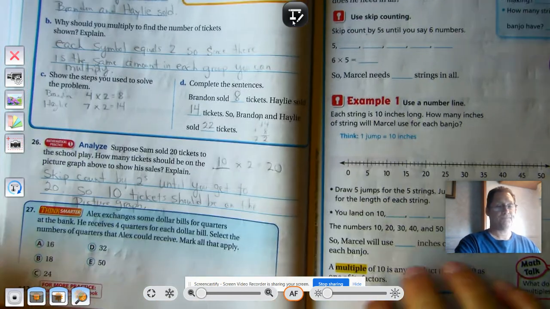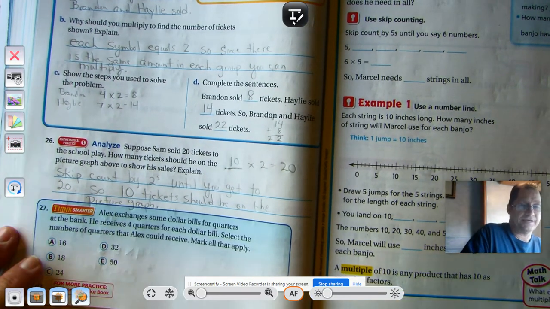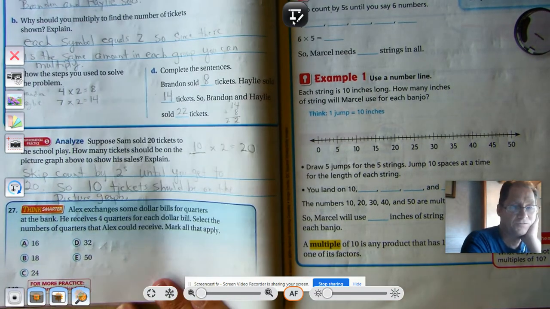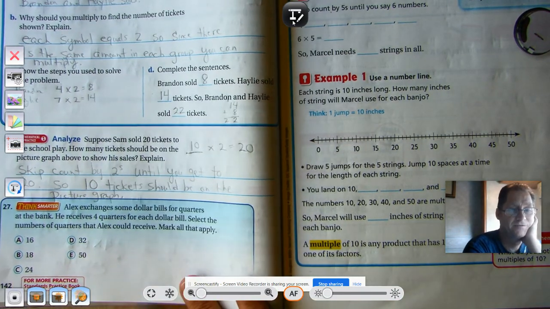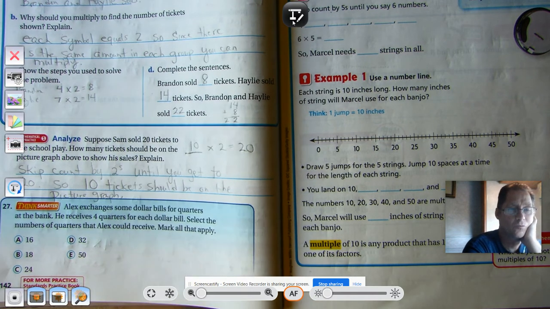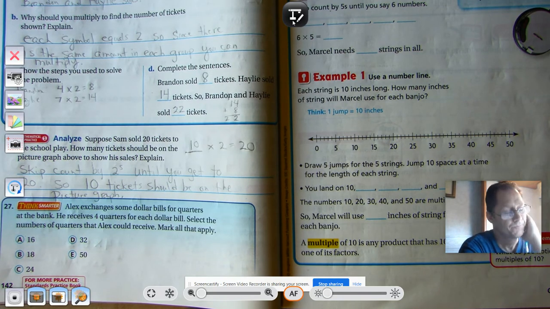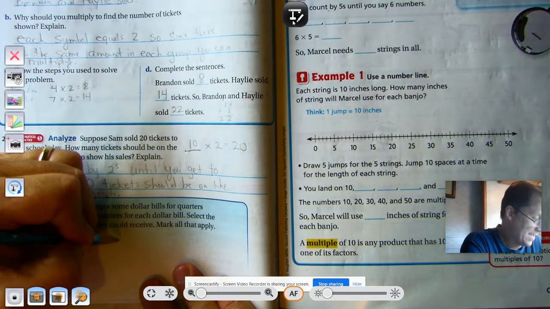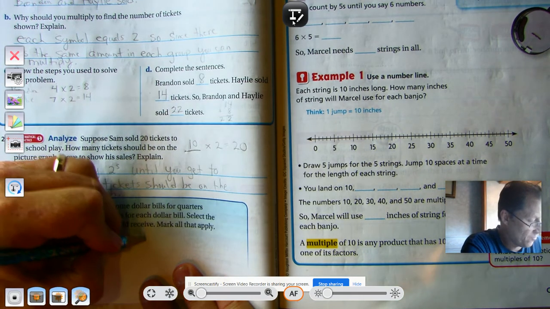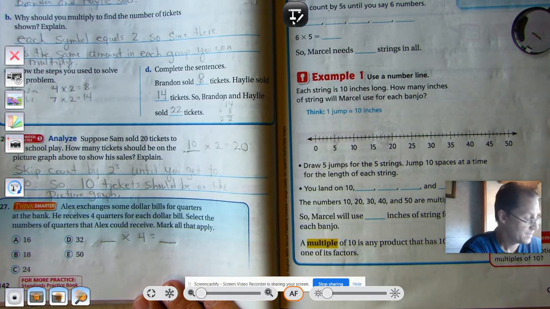All right, and 27. Alex exchanges some dollar bills for quarters at the bank. He receives 4 quarters for each dollar bill. Select the numbers of quarters that Alex could receive. Mark all that apply. So we know that this is telling us that some number of dollar bills times 4 equals some amount.